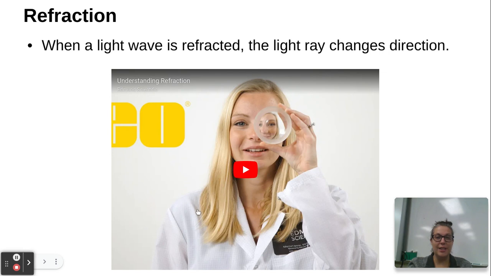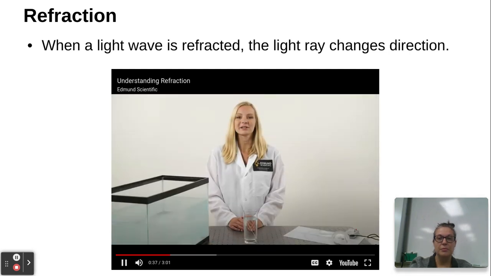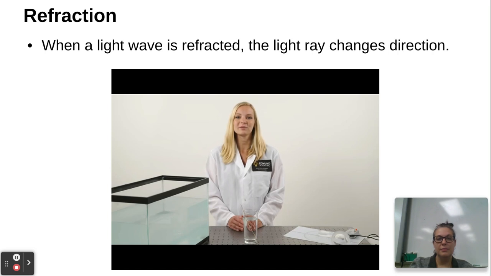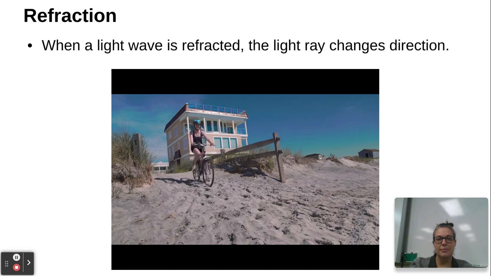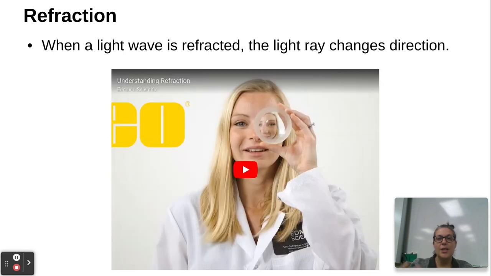I have a really good analogy to think about what is happening. So here we can see that the speed is changing when it's refracting, and that's going to cause it to change direction.